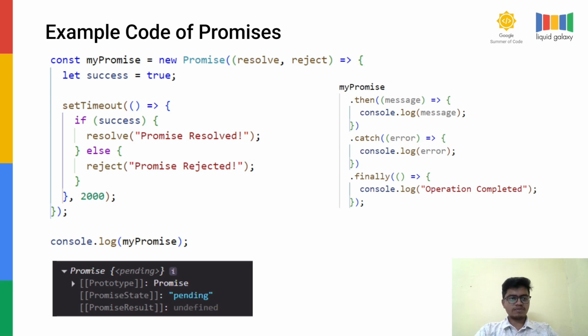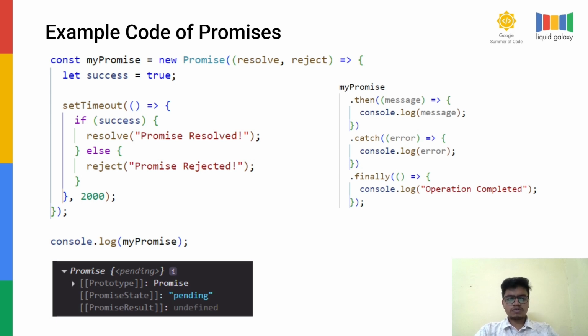Inside of this setTimeout function, there is another function which checks if success is true, then it simply resolves the promise. This is the way of resolving any promise: resolve, with a string, promise resolved, meaning resolve with a value. And if success is false, then it simply rejects it with the value promise rejected. And this code executes after 2 seconds of time.